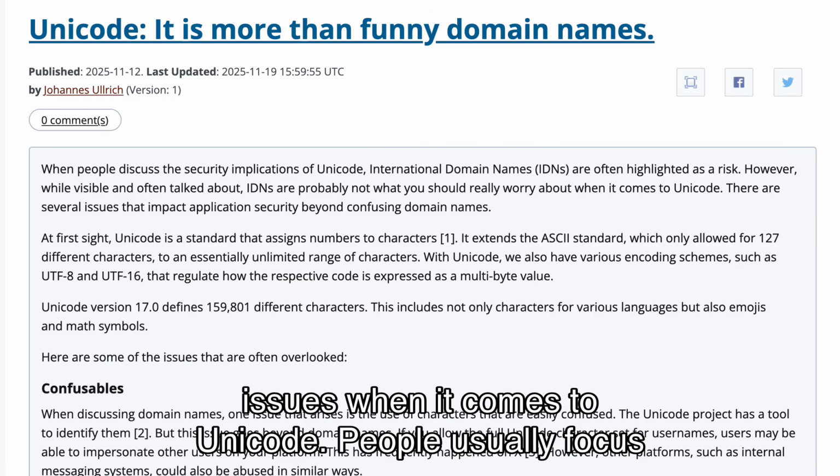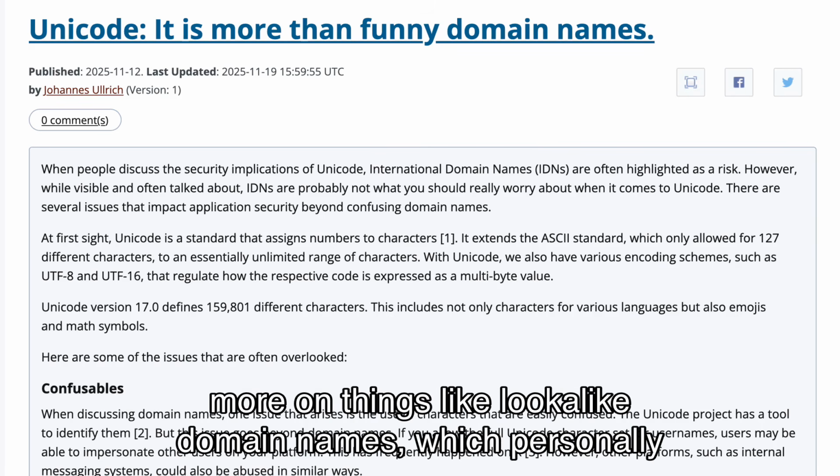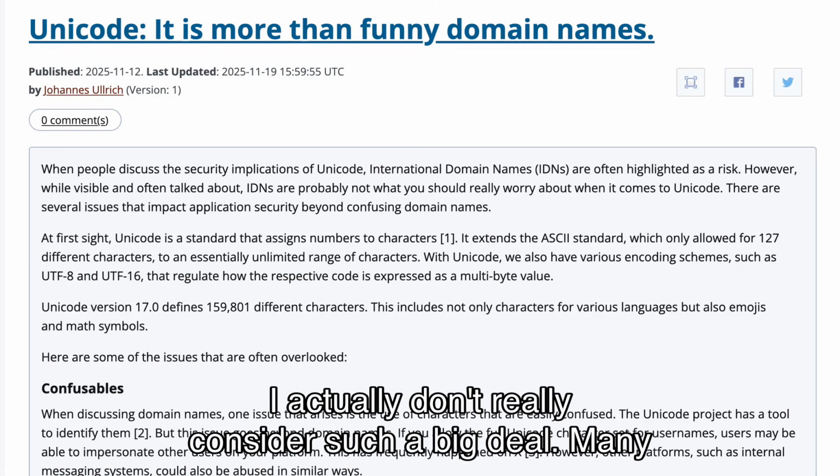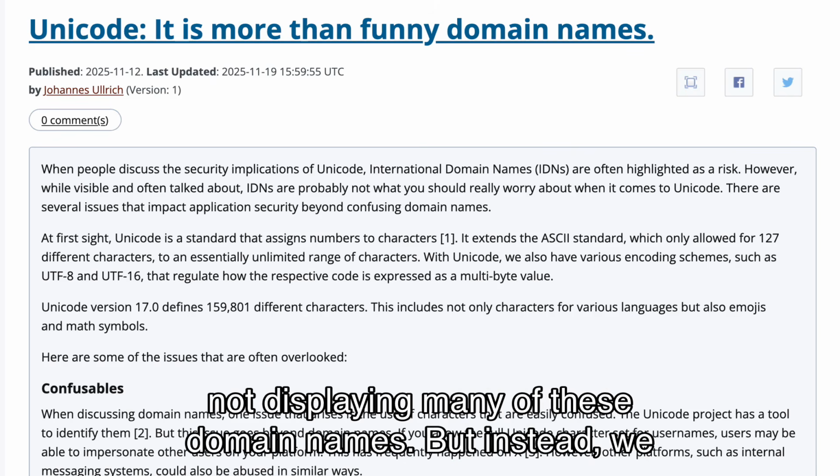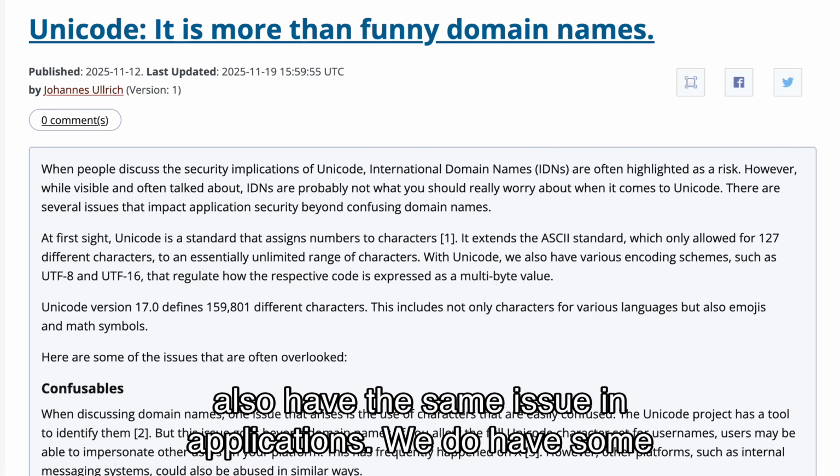People usually focus more on things like lookalike domain names, which personally I don't really consider such a big deal. Many browsers, in particular Chrome, are pretty good about not displaying many of these domain names. But instead, we also have the same issue in applications.